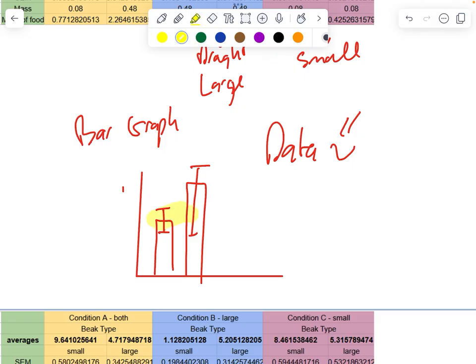If they overlap, we would say that is not significant, because it's the same data. But if you have another pair of data over here, and this is more AP land, usually they would say that is statistically significant because the error bars do not overlap. There is significance in that data.